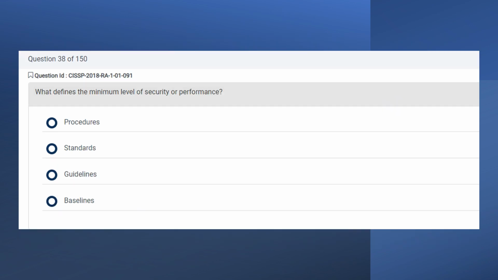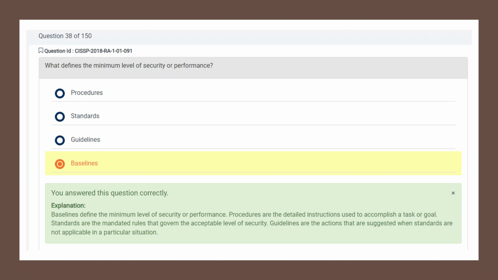Question 38. What defines the minimum level of security or performance? A. Procedures, B. Standards, C. Guidelines, or D. Baselines? Baselines define the minimal level of security or performance.